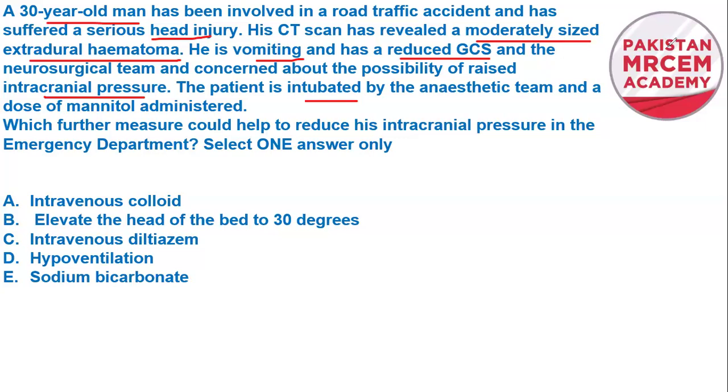The patient is intubated by the anesthetic team and a dose of mannitol is administered. Which further measure could help to reduce his intracranial pressure in the emergency department? Select only one answer. You might find more than one answer correct, but you have to choose the single best.